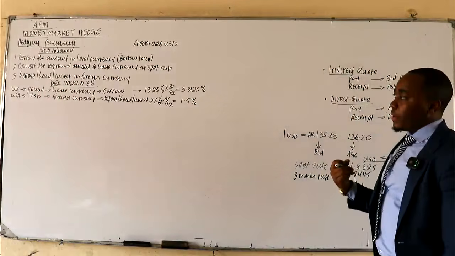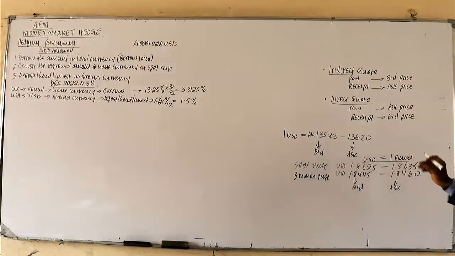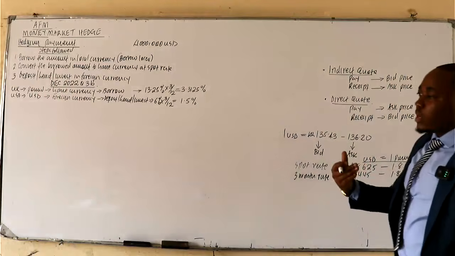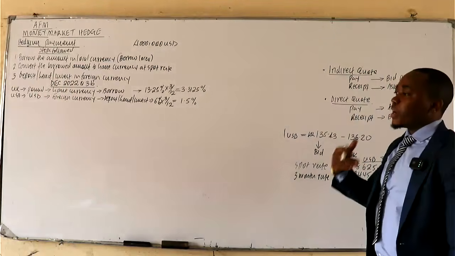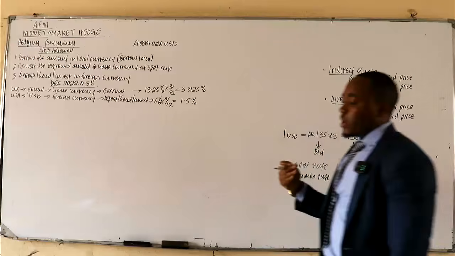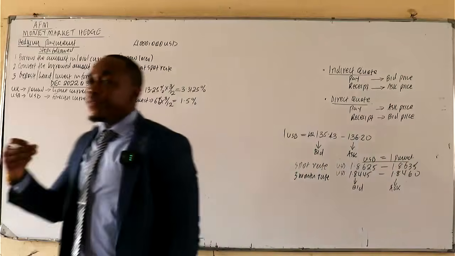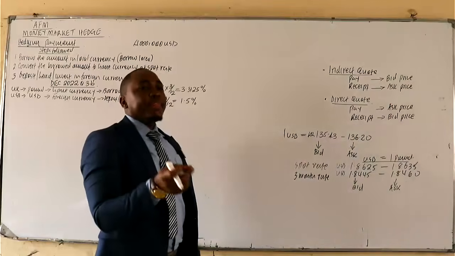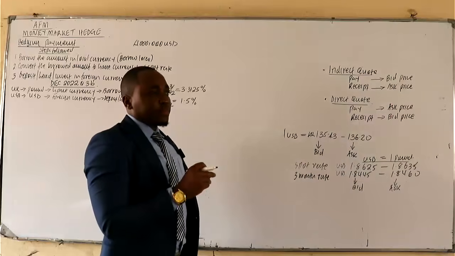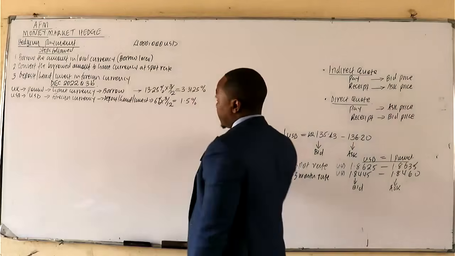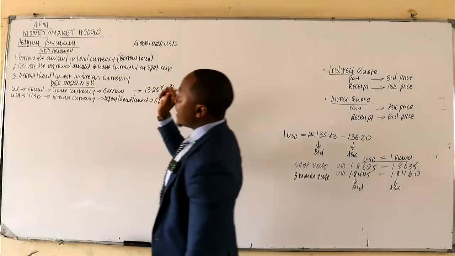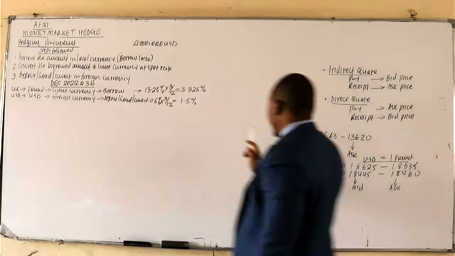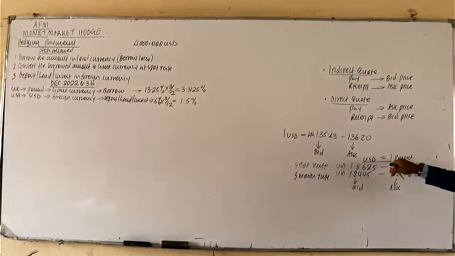First of all, you need to determine whether the quotes given here are direct quote or indirect quote. Direct quote is where the foreign currency is the commodity. Then indirect quote is where the home currency is the commodity. Now remember, this is a UK-based firm. If it's a UK-based firm, our home currency is the pound. And what we're given here is USD equivalent to £1.